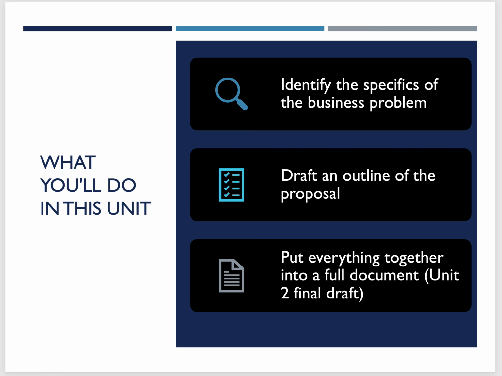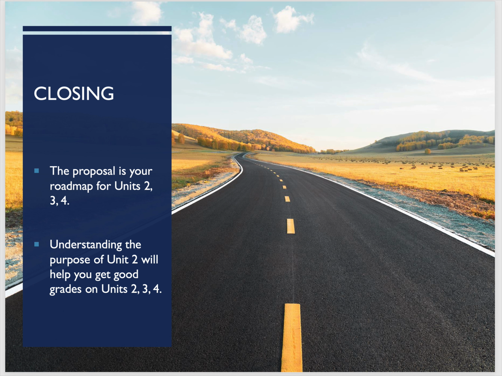So for this assignment, you're not going to write a full draft of Unit 2, turn it in, get feedback, and then write a final draft. This time, you're going to write the outline, get feedback, and use the feedback to write the final draft. If you have questions about that, let me know.